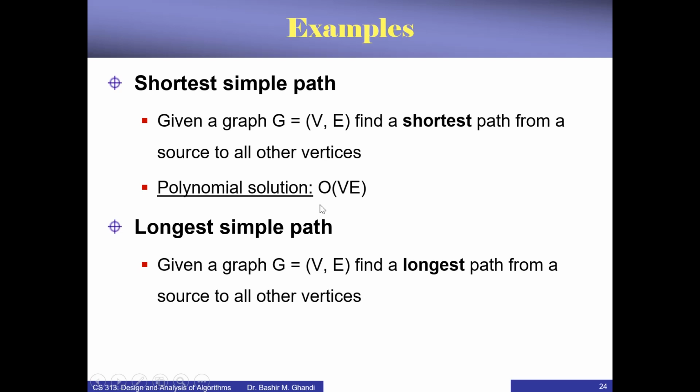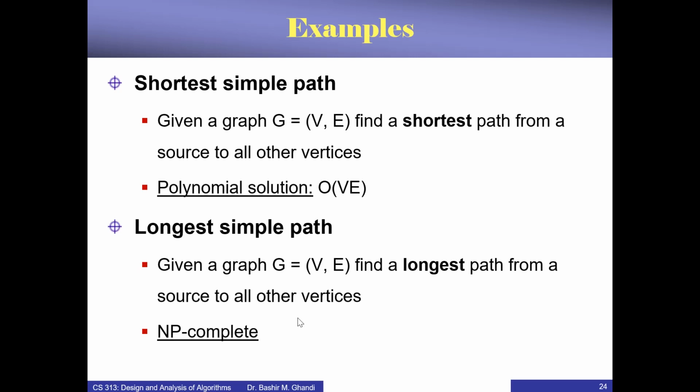Okay, so the opposite of shortest path, we want the longest path. Unfortunately, nobody has been able to find a polynomial solution to this problem, and therefore this problem is NP-complete.